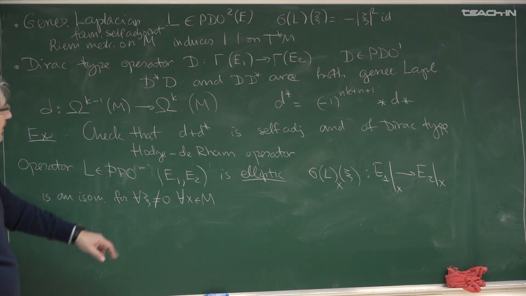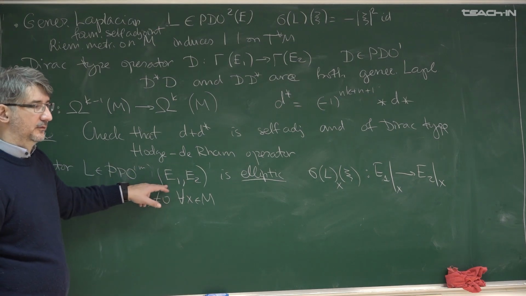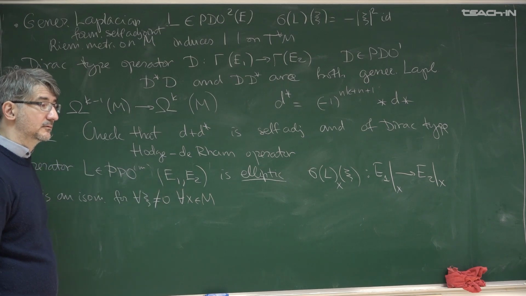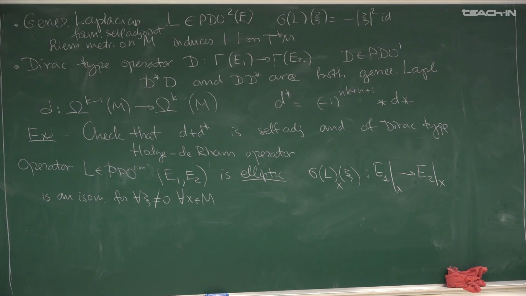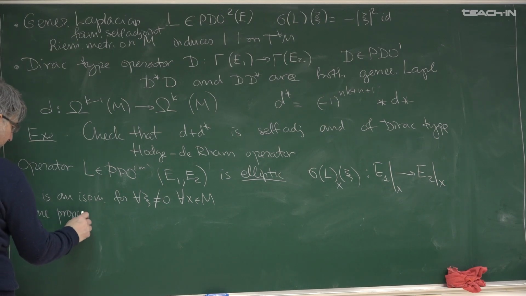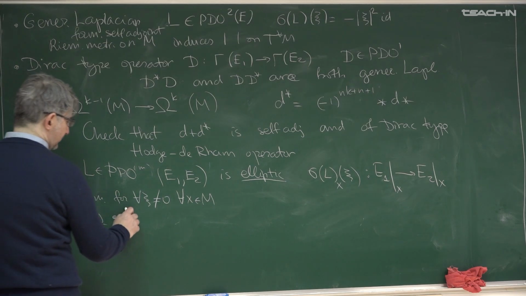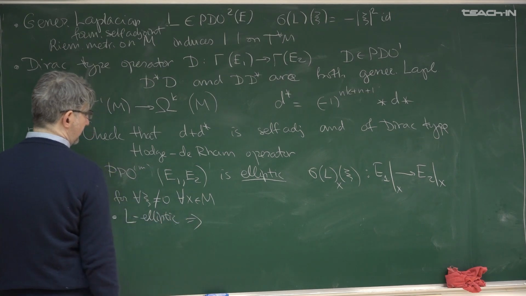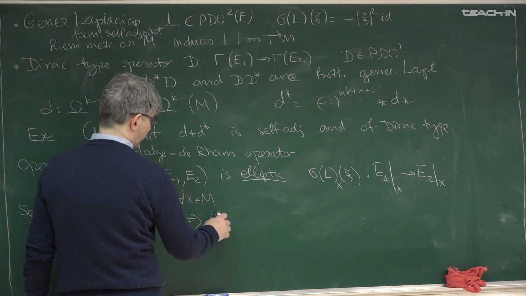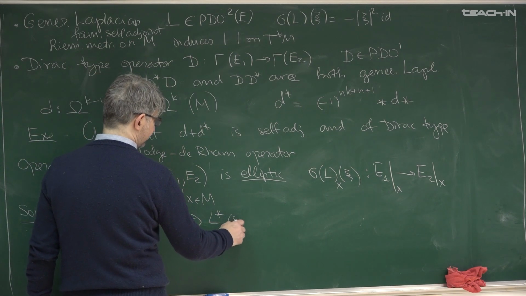At least it means that the dimensions of these two vector bundles are the same. You have a question? Okay, very good. So this is the definition of an elliptic operator. Some obvious properties. If L is elliptic, then, as you can guess, its adjoint is elliptic.